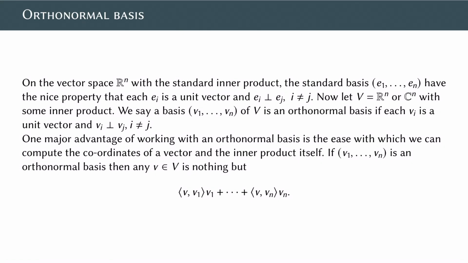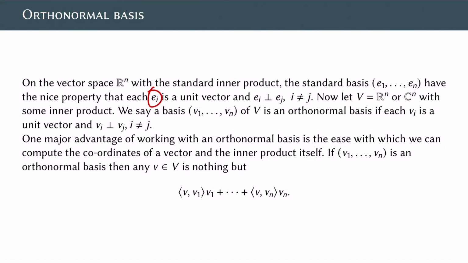Now, if you take the standard inner product on Rn and consider the standard basis, a 30-second check will tell you that each of these standard unit vectors Ei is a unit vector, and furthermore Ei is orthogonal to Ej whenever i is not equal to j. Now equip Rn or Cn with some inner product.